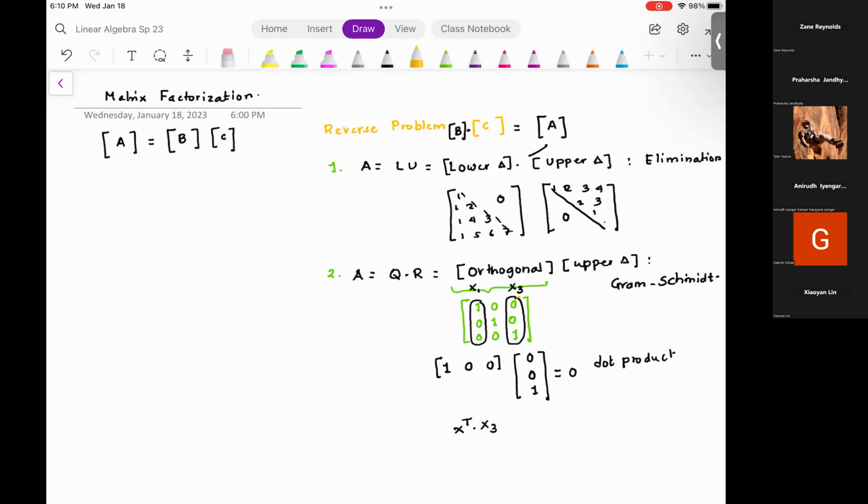Now if I have this vector, I'm going to call this vector y1 and I'm going to call this vector y3. So please understand, x1 and x3 are column vectors, and y1 and y3 are row vectors.